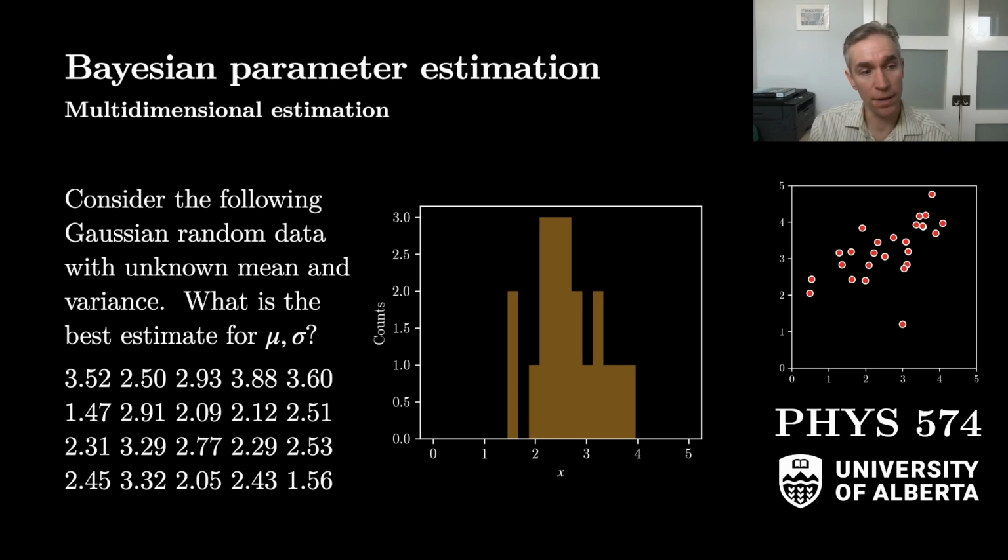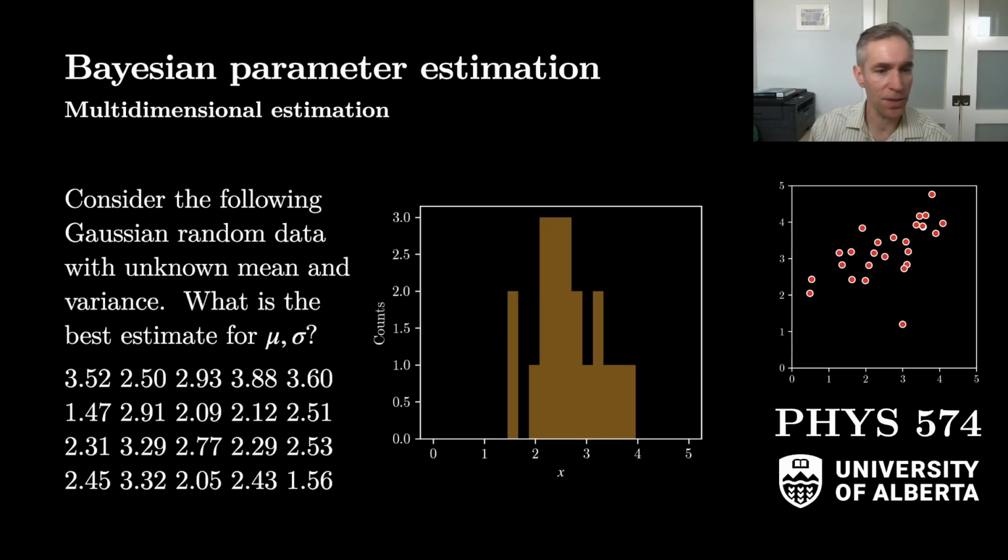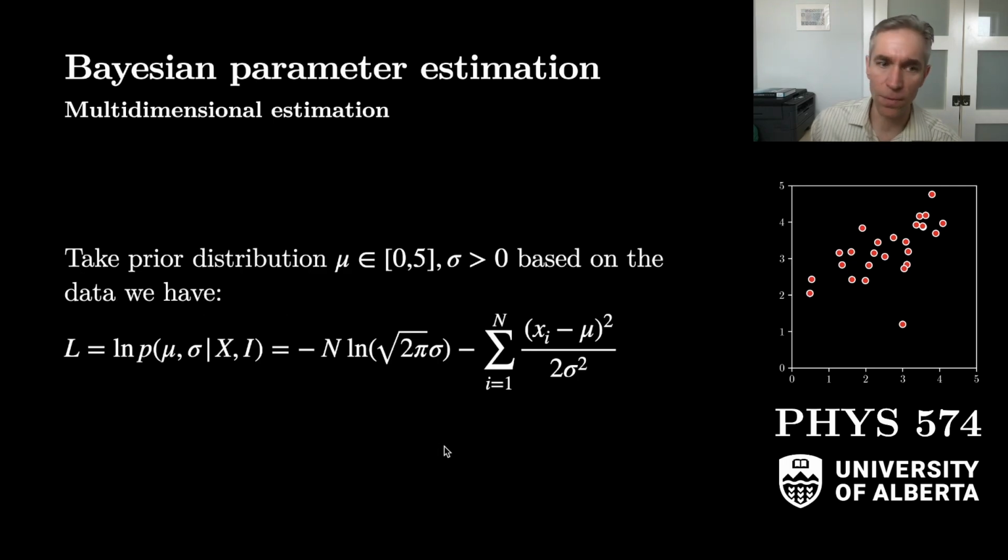Well, in the Bayesian framework, we go to writing down everything we know about the model. We assume it's a Gaussian, and we will assume that we have a prior distribution. Looking at the data set that we have, it looks like the mean should be somewhere between 0 and 5. And then we're going to assume that the standard deviation parameter sigma is going to be larger than 0 based on what we see.